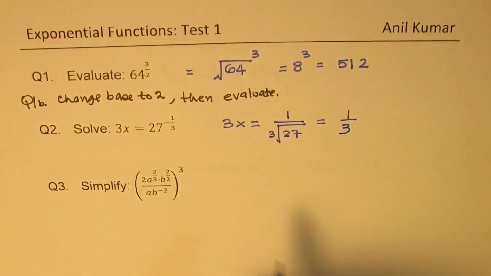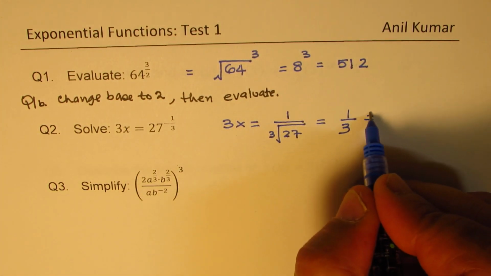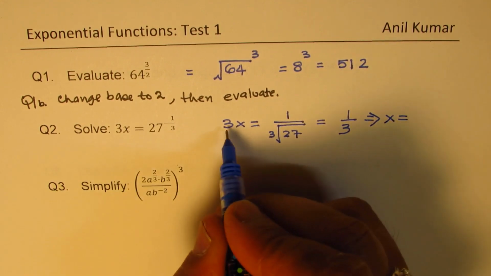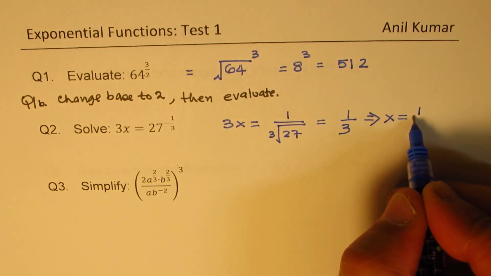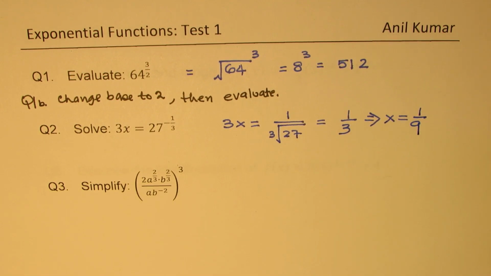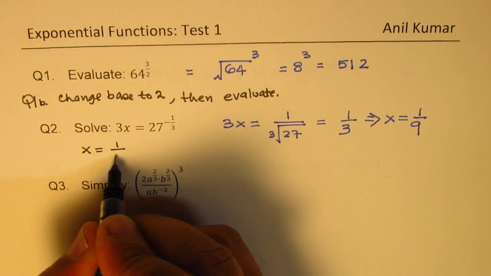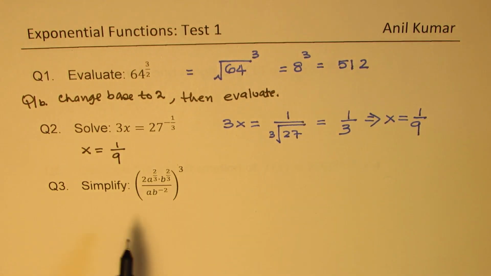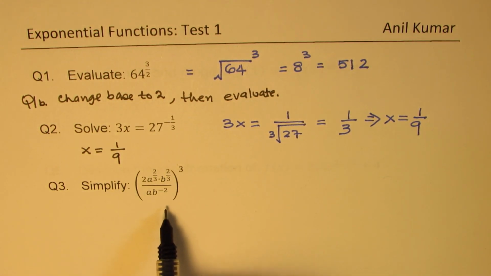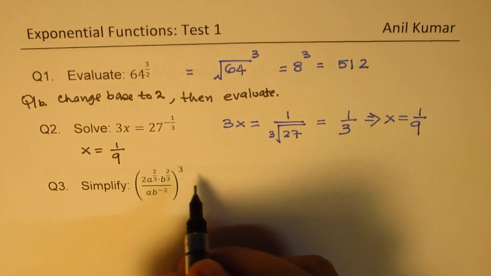So it is 1 over 3. So the value of x from here we can calculate as 3 goes in the denominator, so we get 1 over 9, correct? So that becomes the solution. Perfect. So for us the solution is x equals 1 over 9.